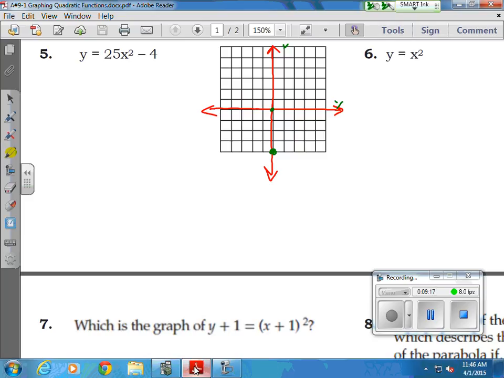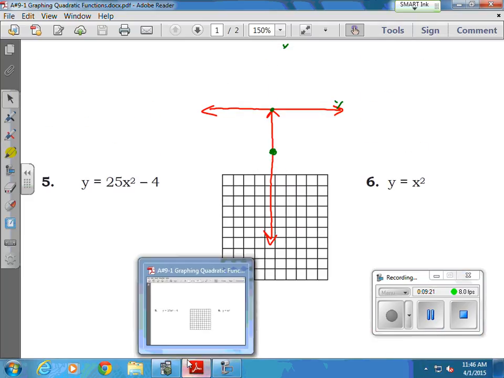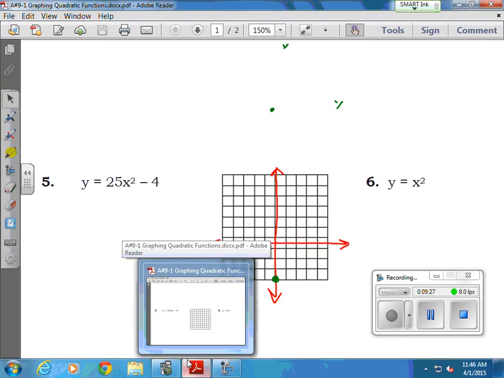I would have to go up all the way to 21, which if I put the whole thing down, I might could pretend, okay, 1, 2, 3, 4, 5, 6, 7, 8, 9, maybe up here, and then -1, maybe over here, 21, but that's still probably not high enough. So this parabola would be really sharp.